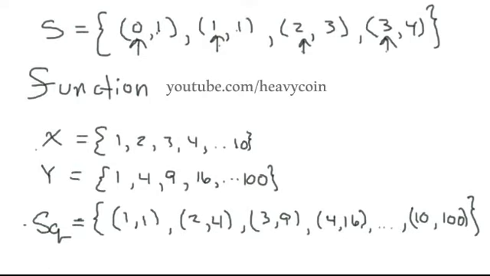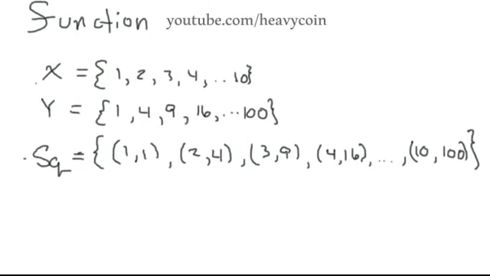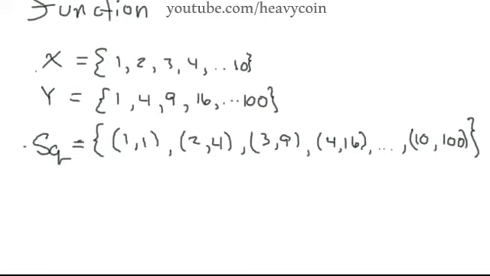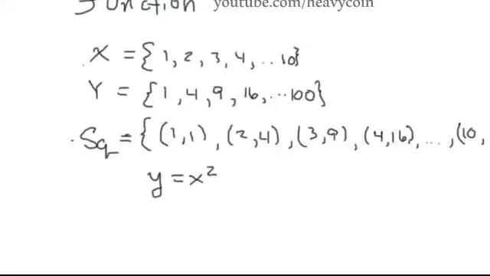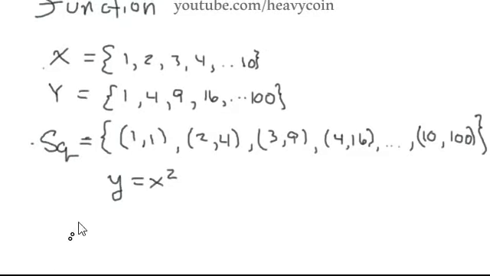Now we can actually represent this by this equation here. So this is how we are defining our relation. In other words, I'm taking 1 and I'm plugging it into 1 squared, and I get 1 out. So 1 is related to 1, and this is how we're defining the relationship right here.